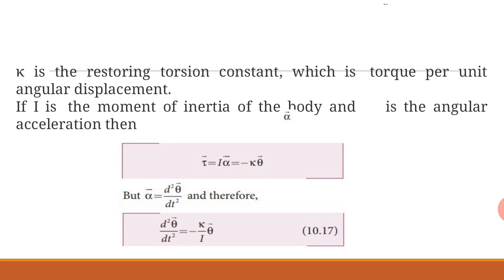In the last lecture, we studied simple harmonic motion, in which F is directly proportional to x. Here F is nothing but torque, and instead of the simple displacement x, here theta is the angular displacement. If I is the moment of inertia of the body and alpha is the angular acceleration.